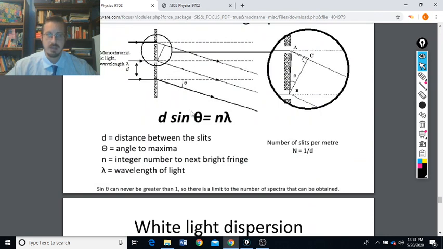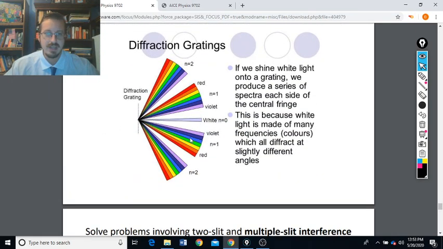So thinking again about the equation, if d is constant and n is, say, the first order, then we are diffracting all of those different wavelengths or frequencies of light to a different angle theta. The shallowest angle will be the one with the shortest wavelength, violet. So red is diffracted to the steepest angle theta, where violet is diffracted to the shallowest angle.